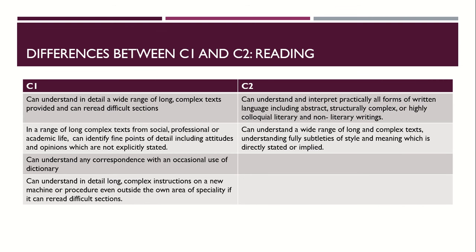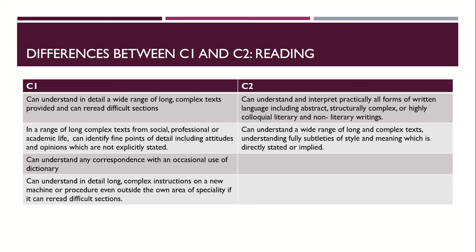Let's see the third one, that is reading. So on C1 level, the user can understand in detail a wide range of long, complex texts and can reread difficult sections. In a range of long, complex texts from social, professional, or academic life, can identify fine points of detail including attitudes and opinions which are not explicitly stated.